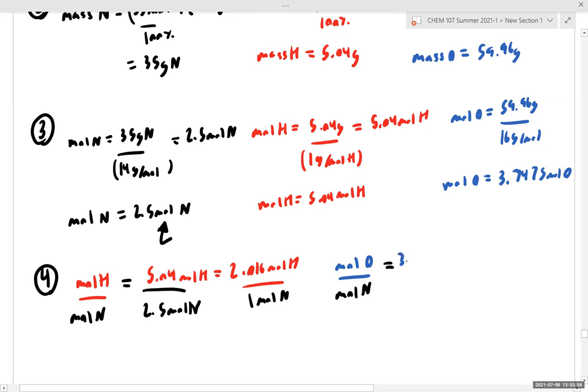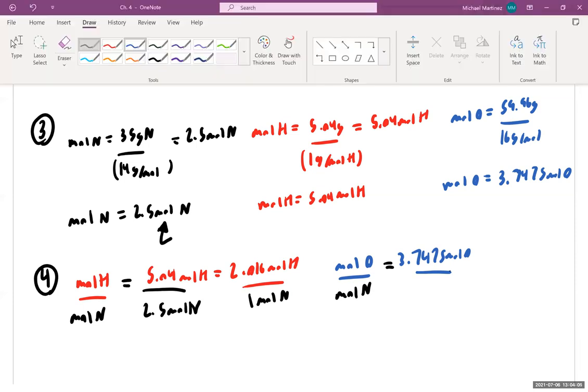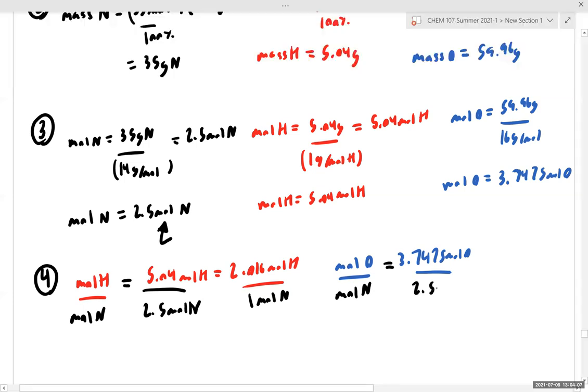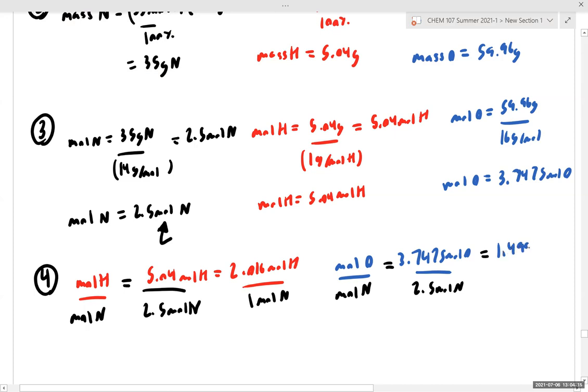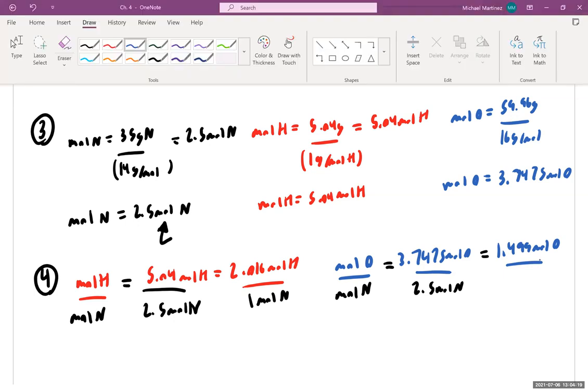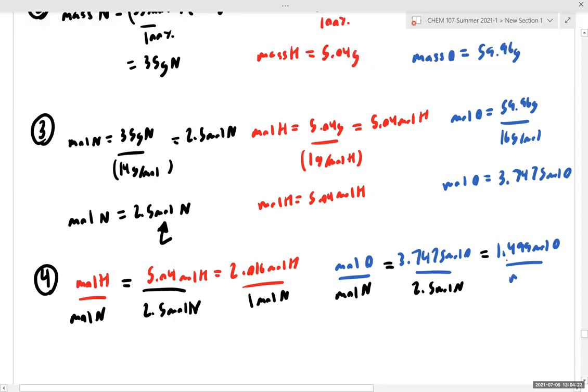We take our moles of oxygen, which is 3.7475 moles of oxygen, over our 2.5 moles of nitrogen. That gives us 1.499 moles of oxygen per 1 mole of nitrogen.